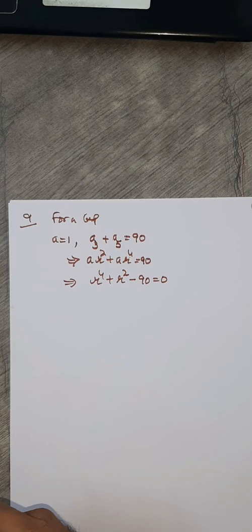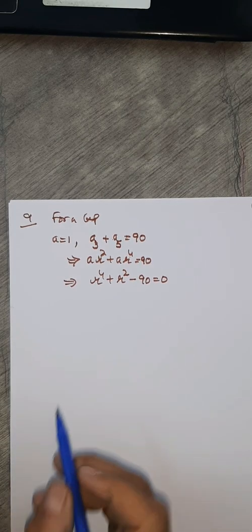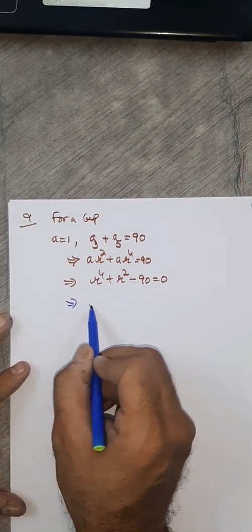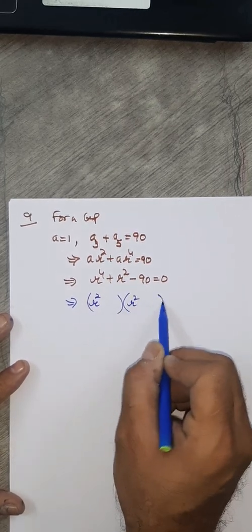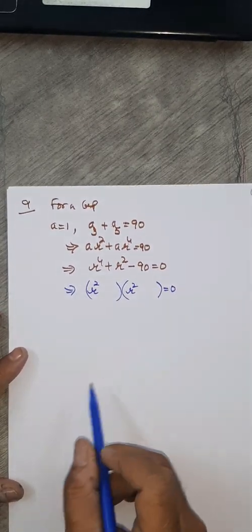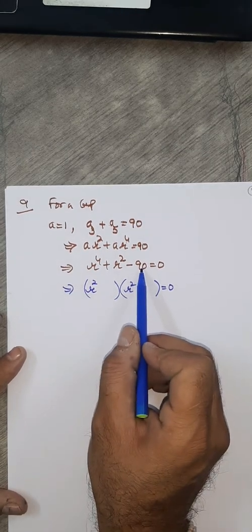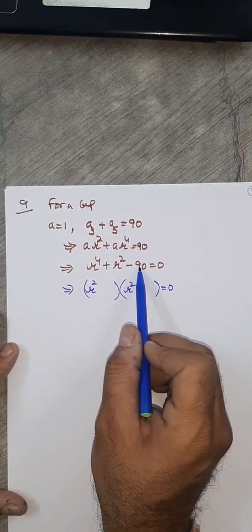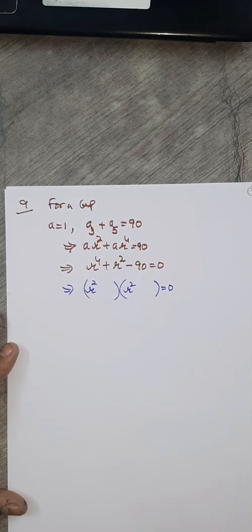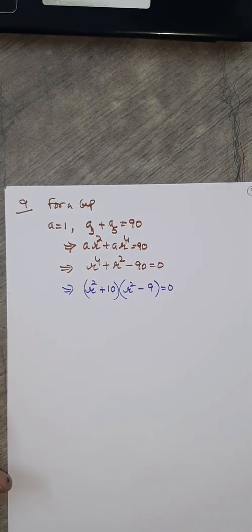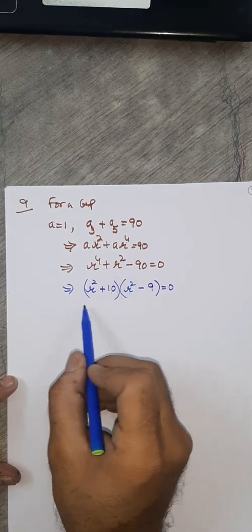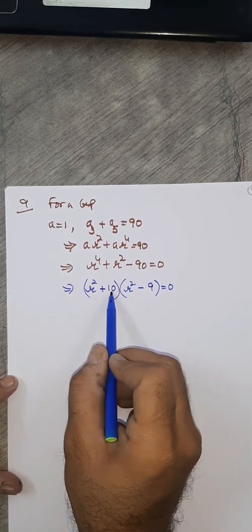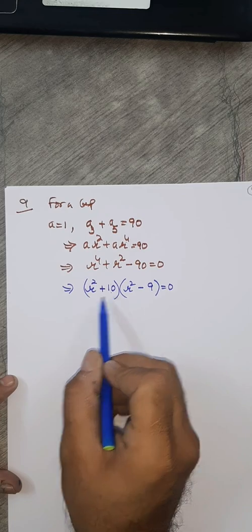Now this is a biquadratic equation, so we can factorize here like this: r square into something equals 0. Find two numbers whose product is minus 90 and summation is plus 1. So obviously plus 10 and minus 9. But r square plus 10 can never be 0 because it becomes a complex number.